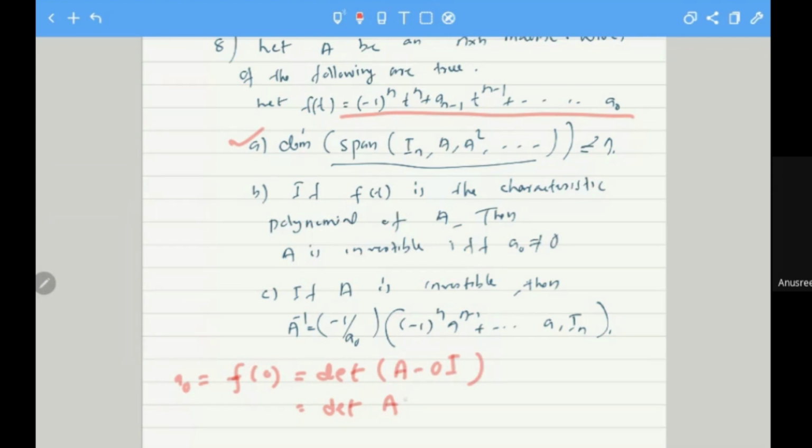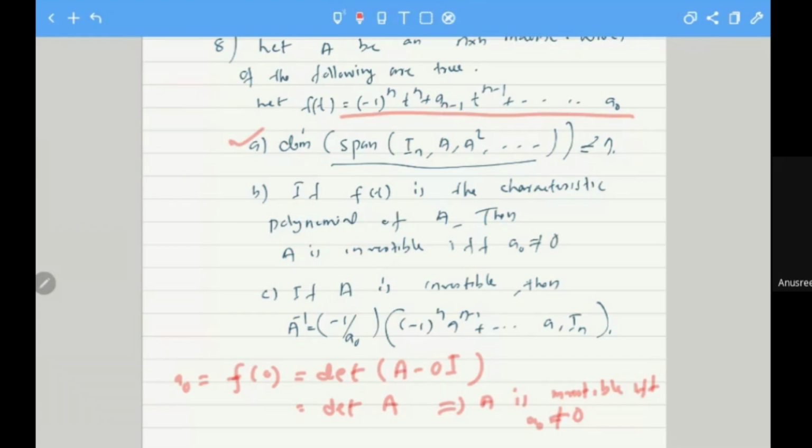That means whenever the determinant of A is non-zero, it is an invertible matrix. That is an if and only if condition. So A is invertible if and only if a_0 is not equal to 0.